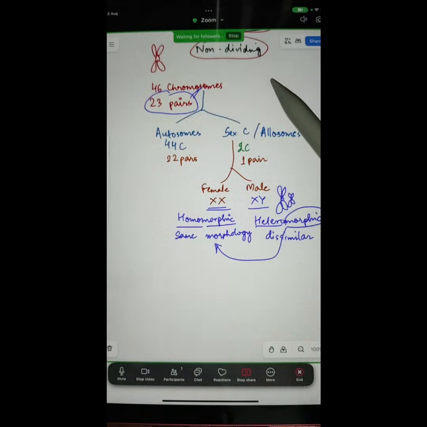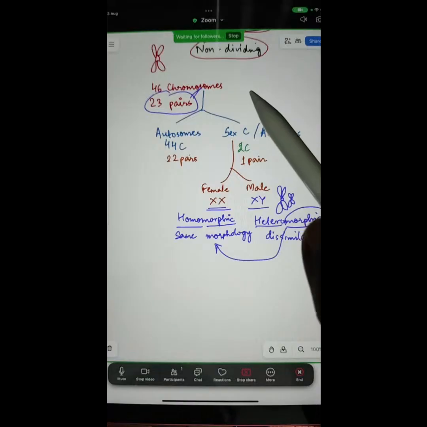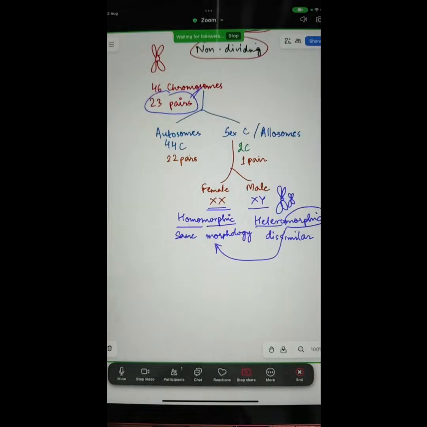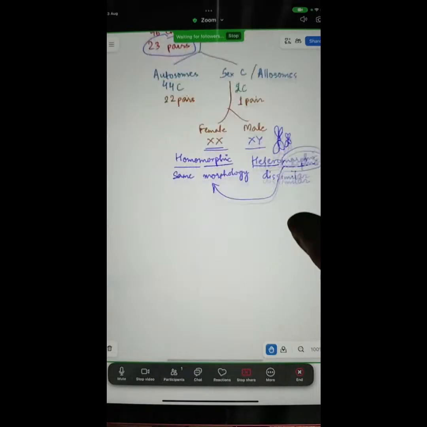So in human female, the sex chromosome would be XX in each cell of the body, and in male body 44 chromosomes will be there, but sex chromosome would be XY, because males are having dissimilar type of sex chromosomes. That is why males are heteromorphic. Females have same type of chromosome. That is why females are homomorphic.